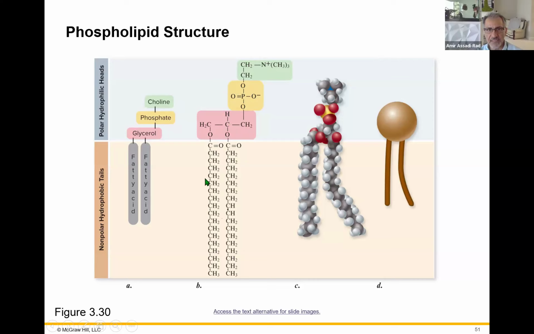All of these fatty acids are saturated, but in real life, one of the fatty acids is kinked. They have some unsaturated fatty acid in here, so the molecule is kinked. Straight molecule, kinked molecule. So the head, we call this the head, is made up of choline, phosphate, glycerol.